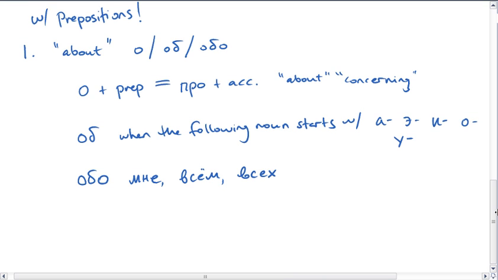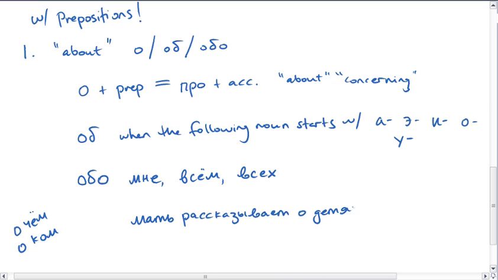So let's look at some examples. So we're going to answer о чем, about what, or о ком, about whom. So let's see. Мать рассказывает о детях.